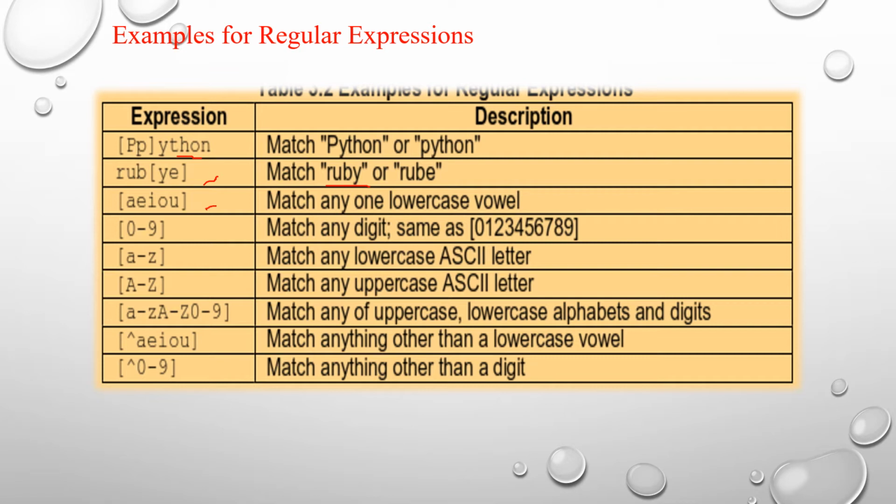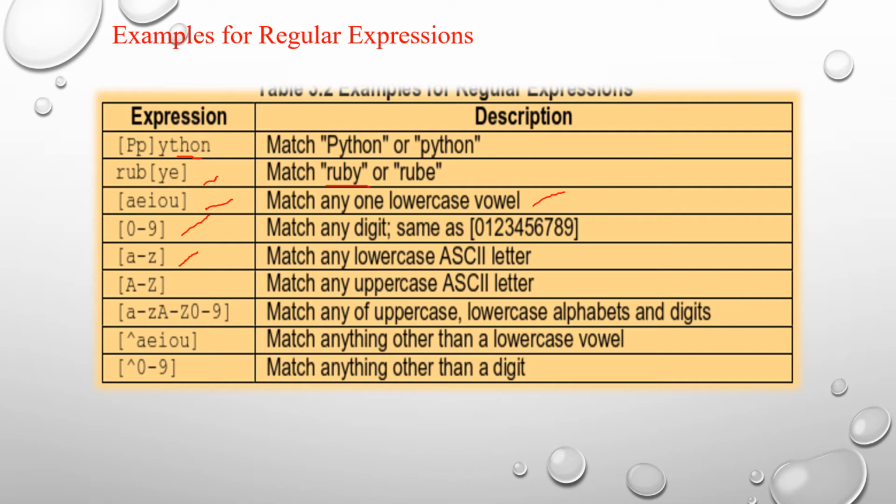Let's consider one more expression, [aeiou], which we specified within the square brackets. The description of this expression is match any one lowercase vowel. Then [0-9]: the description is match any digit, same as 0 to 9.